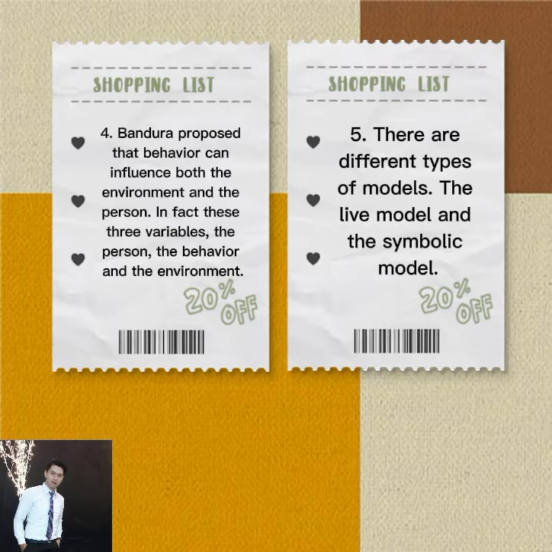Reciprocal causation is the idea that behavior is controlled or determined by the individual through cognitive processes and by the environment through external social stimulus events. A stimulus event is one stimulus and its associated parameters.